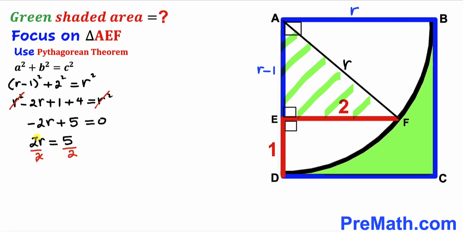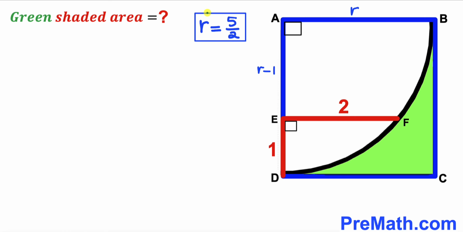So this 2 and 2 is gone, and our radius r value simply turns out to be 5 divided by 2. This is also equal to the side length of the blue square. So the side length of the blue square is 5 divided by 2 as well.